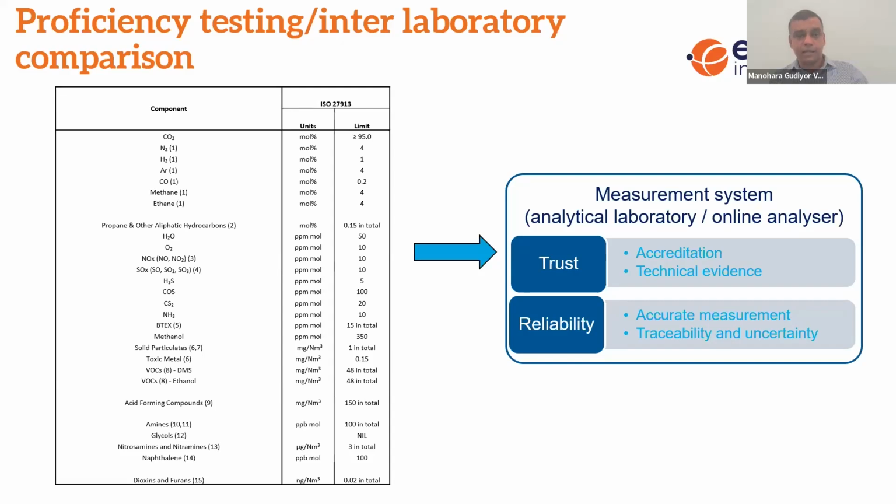Let's say somebody says, okay, we measure all of this, fine, but how do we trust those measurements? Are they accurate, and is there any technical evidence to back their claim? And then reliability: are the measurements really accurate, are they traceable, and what is the uncertainty? These are the questions we need to be asking.